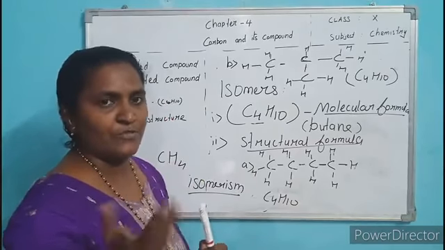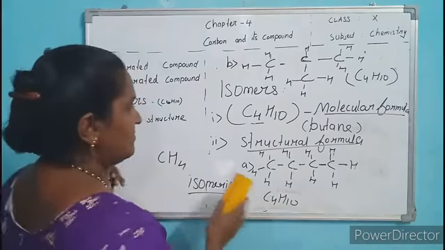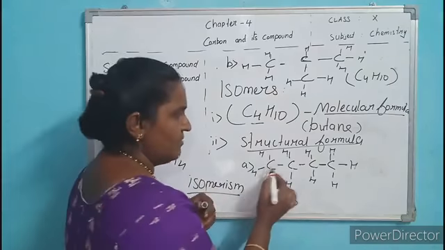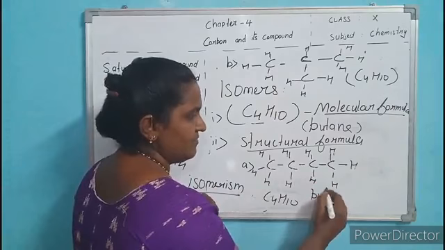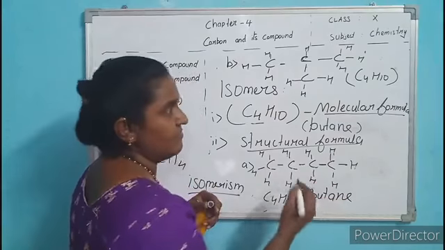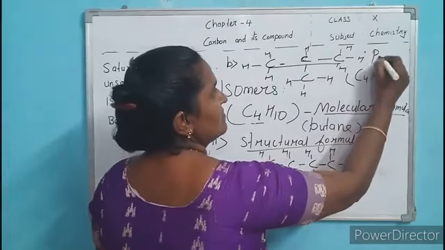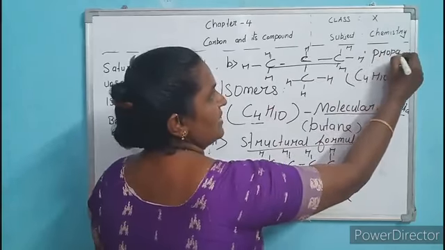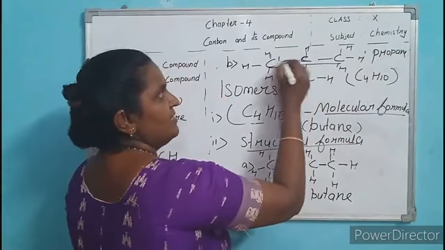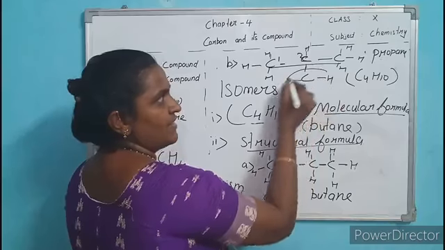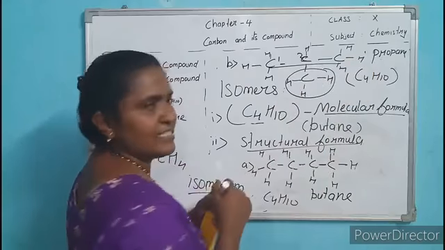More than 4 carbons can also have isomers. Clear? Its name is methylpropane. Here this is a long chain, so prop, single bond, ane, and this is a second carbon attached. This is called methyl. So 2-methyl. This we study later.